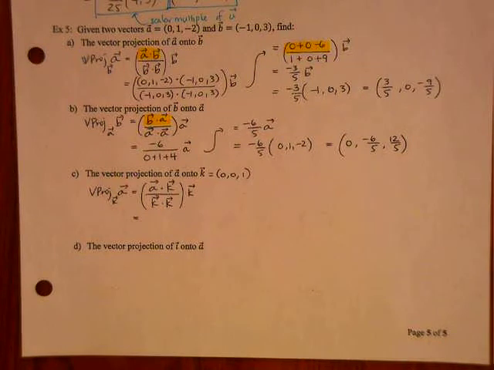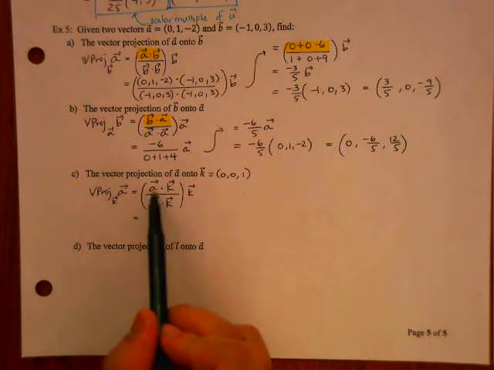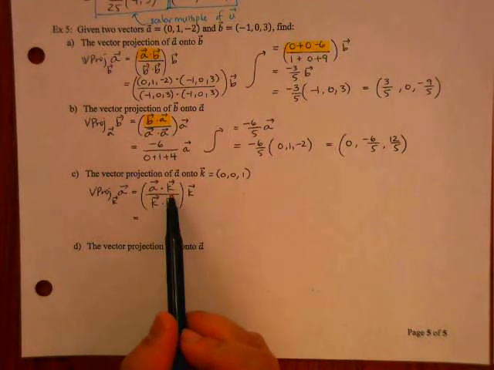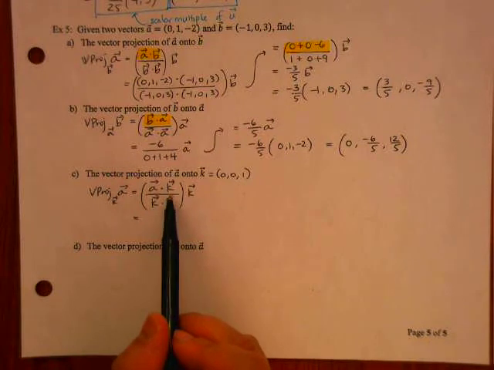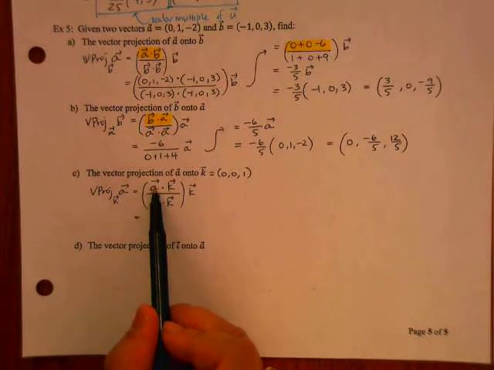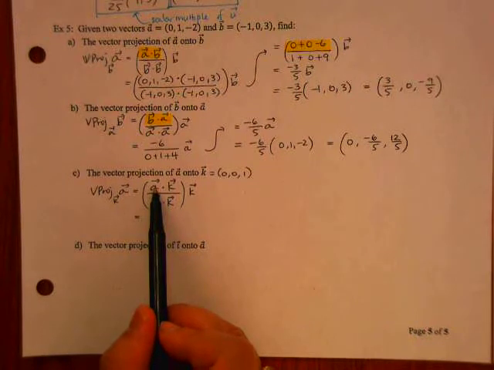But if you have any vector multiplied with one of the unit vectors, the only thing that's going to be left is that component, right? Because this has the components (0, 0, 1), from the vector A the only component that's going to be left is the z component.